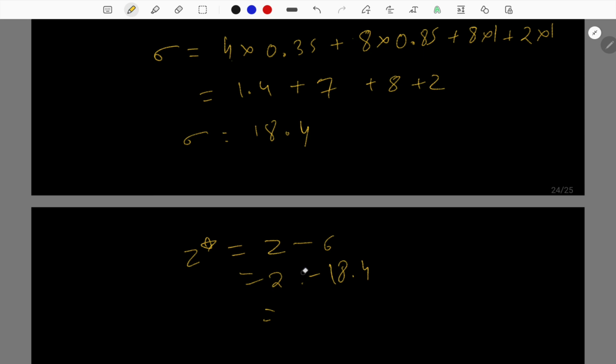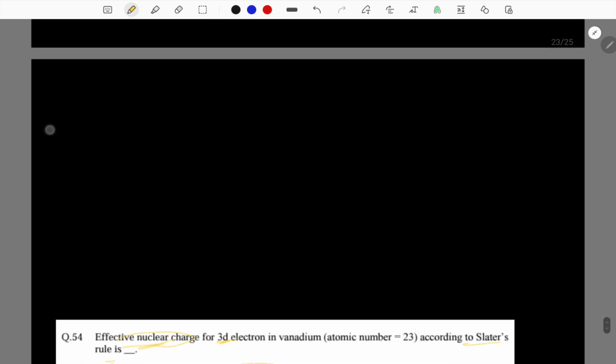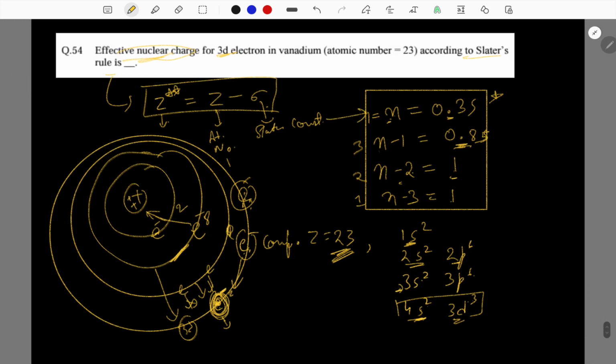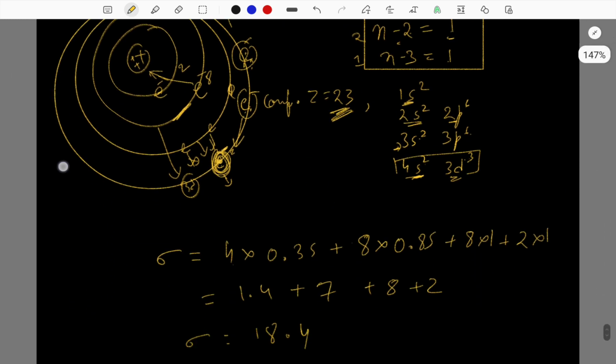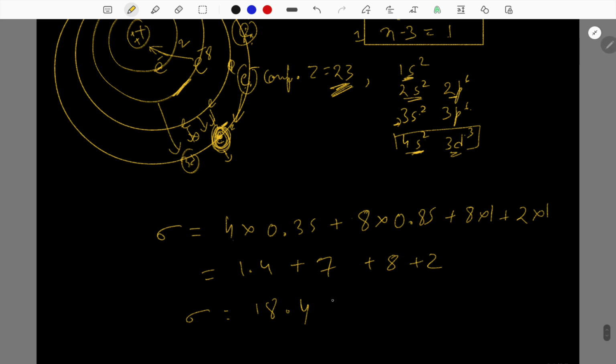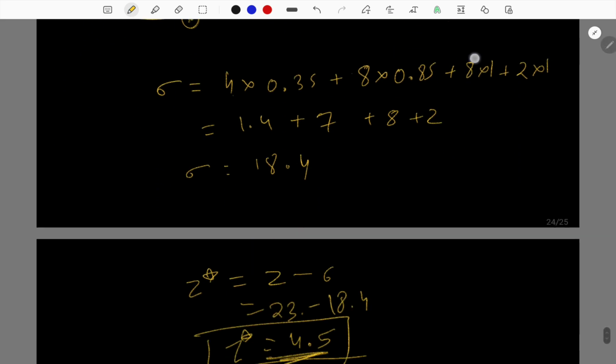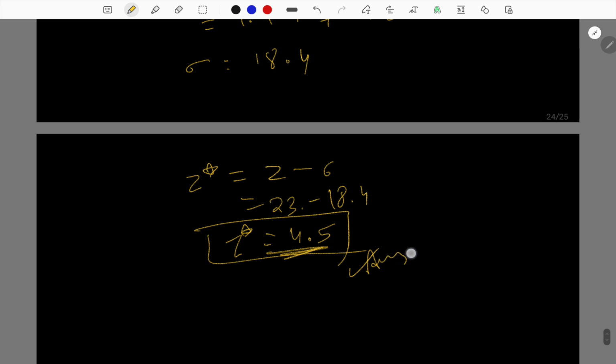So we will get around 4.5 or 4.6. This is our answer. This question was asked in IIT JAM. So here is sigma, and this is our Z star. This is the answer. Got it?